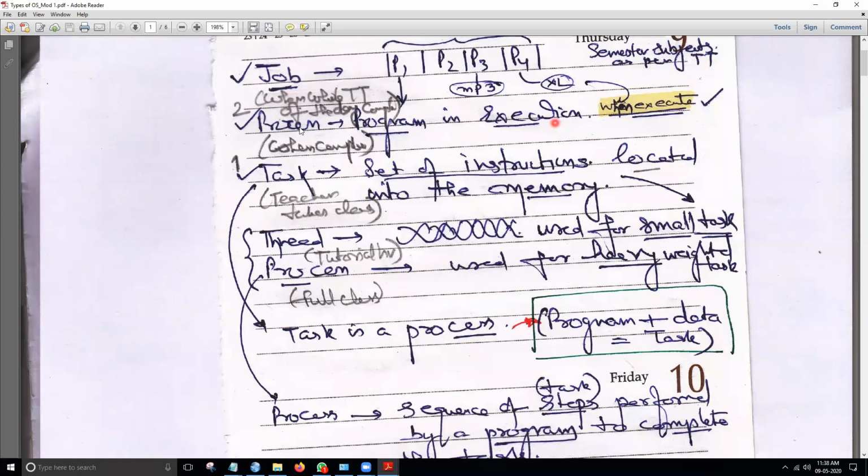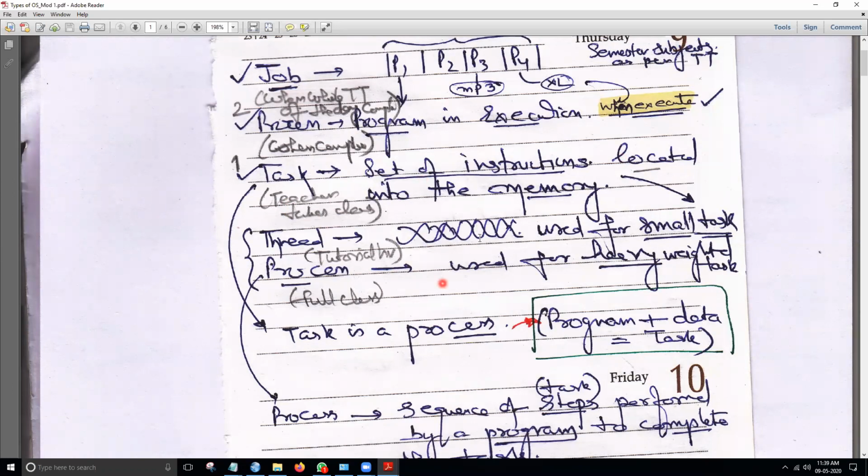When it is executed, that is known as a process. Task means a set of instructions located in the memory. When you write a set of instructions for a given process, that is known as a task. I put it like a teacher taking the class, who gives the instructions.